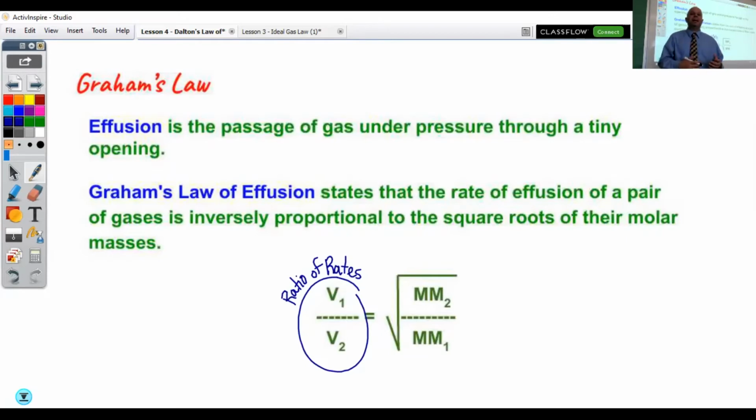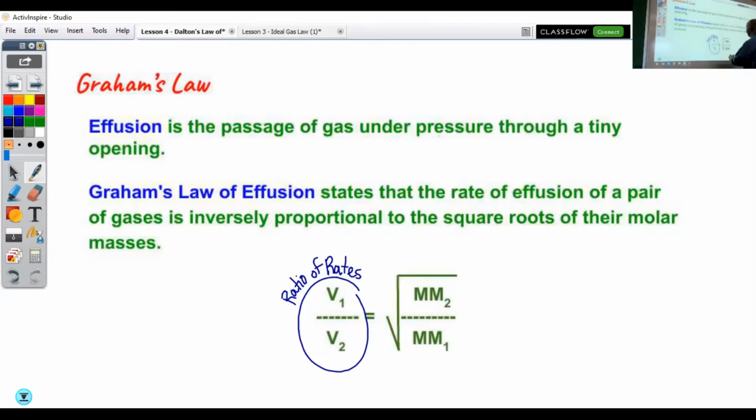In order to make that comparison, we need to look at their individual molar masses. And in this equation, the MM that you see underneath the square root sign refers to the molar mass of the two different gases that we're comparing. Just make a mental note. When you're performing this calculation, it works out best and easier if you always put the heavier gas on top.